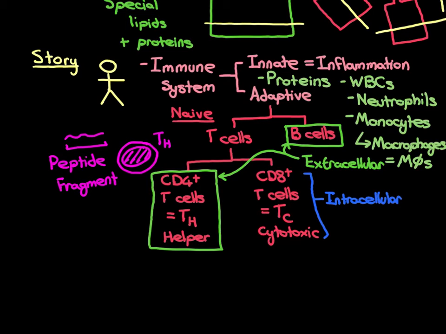Those peptide fragments that you can get from self-proteins should not be peptide fragments that you have helper T cells directed against. You should just have helper T cells that are directed against peptide fragments that don't appear anywhere in any of your own proteins. That at least is the principle of how the population of helper T cells should work.